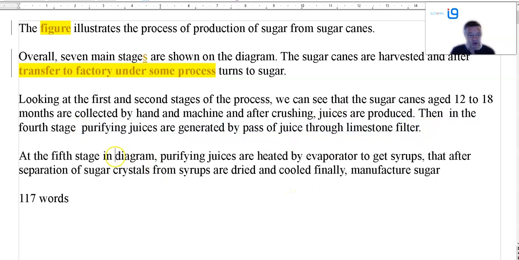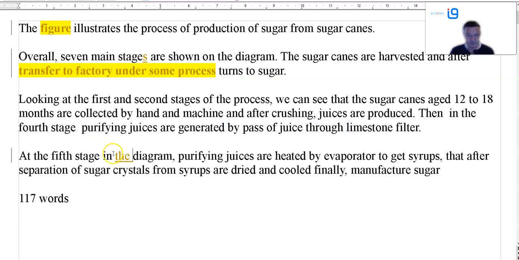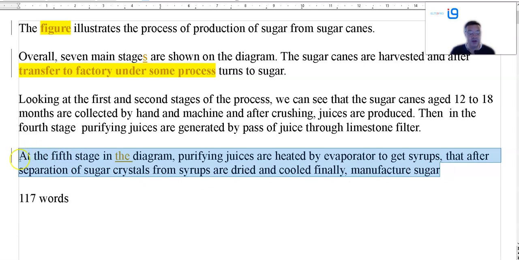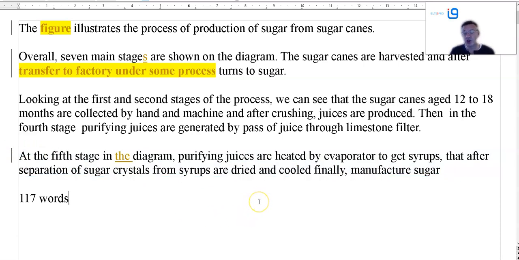At the fifth stage in the diagram, purifying juices, you mean the purified juice is heated to get a syrup, and then it's anyway. So again, there's some missing verbs here, missing prepositions, missing articles, verb forms. There's quite a bit of grammar here that needs attention, but the main thing is it's way too short.